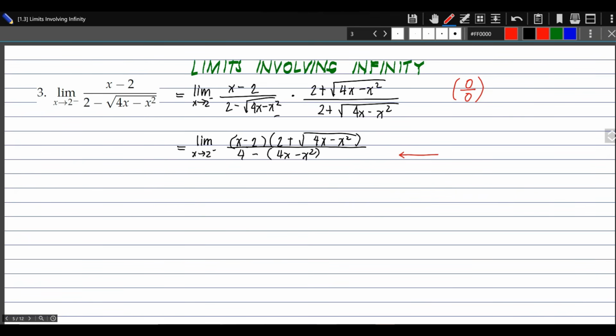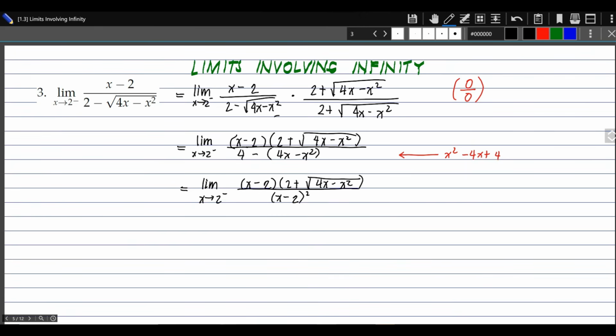Take note that the denominator here is just the trinomial x squared minus 4x plus 4. So that in the next step, we write it in its factored form. So this is equal to the limit of x minus 2 times 2 plus square root of 4x minus x squared all over x minus 2 quantity squared.